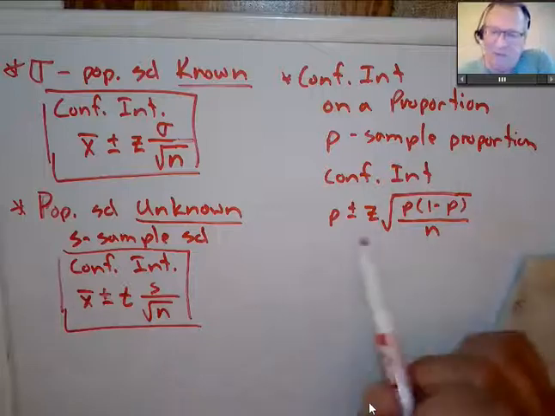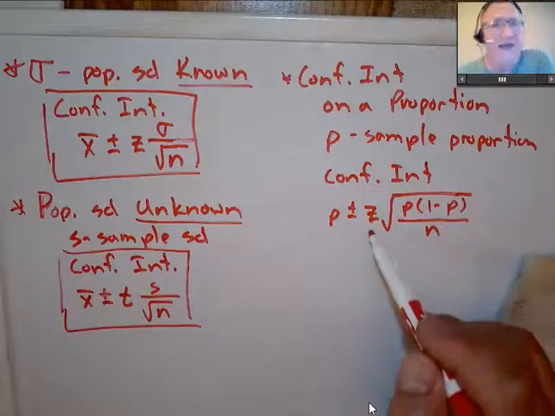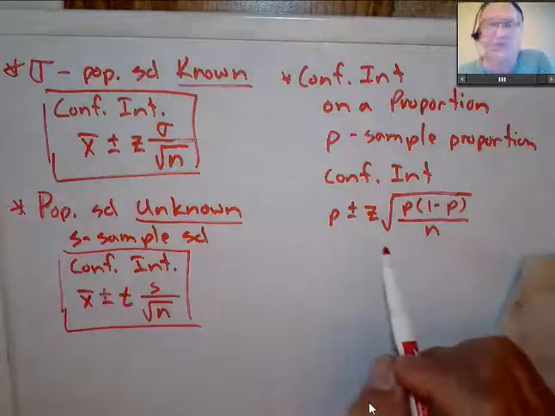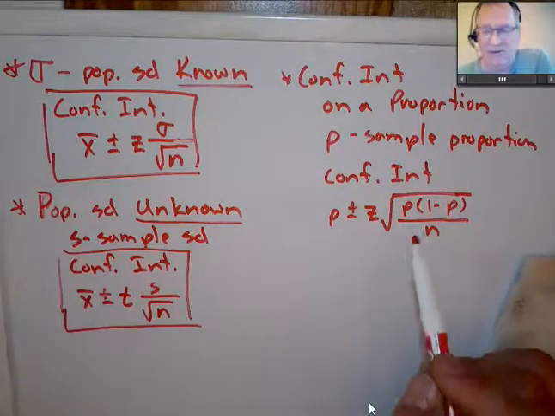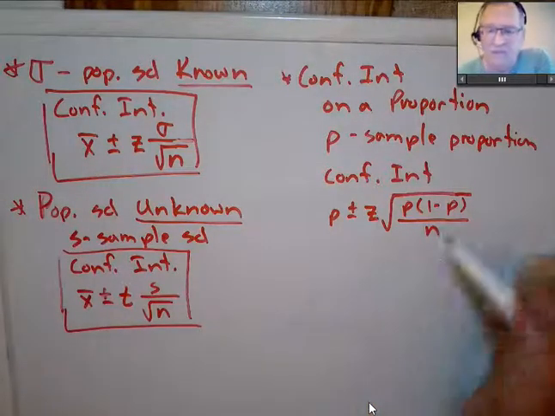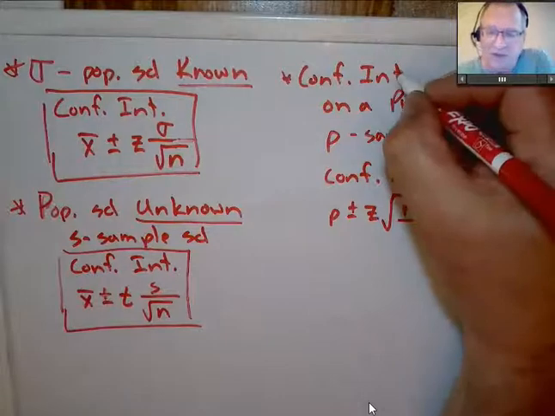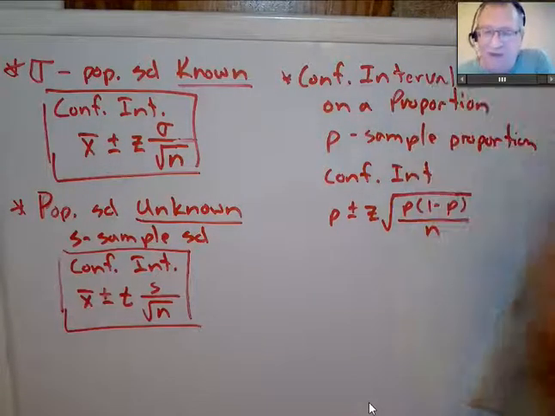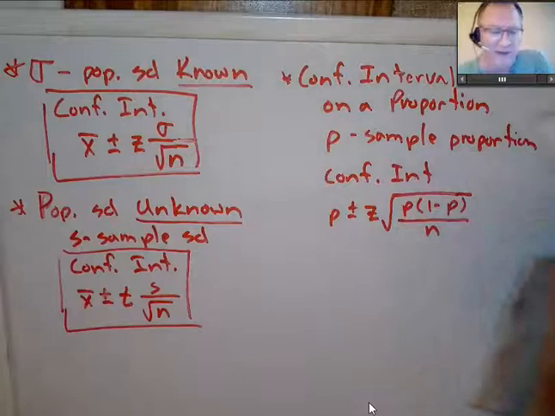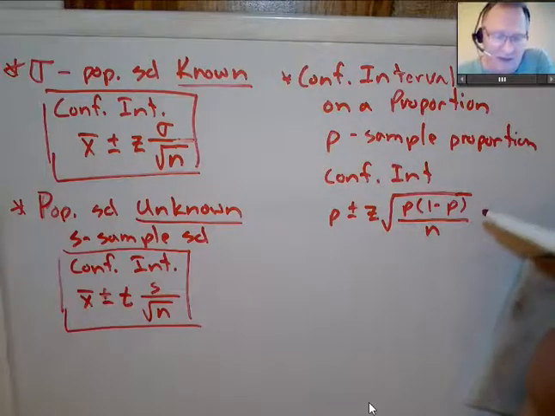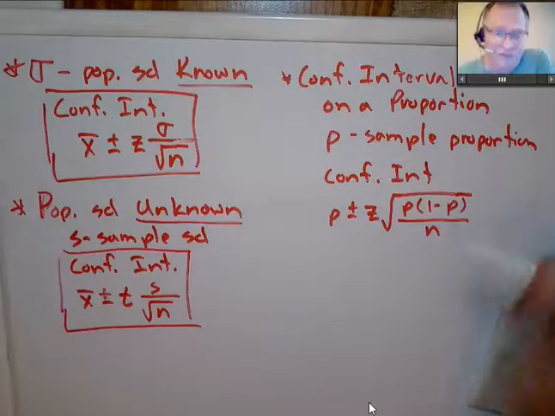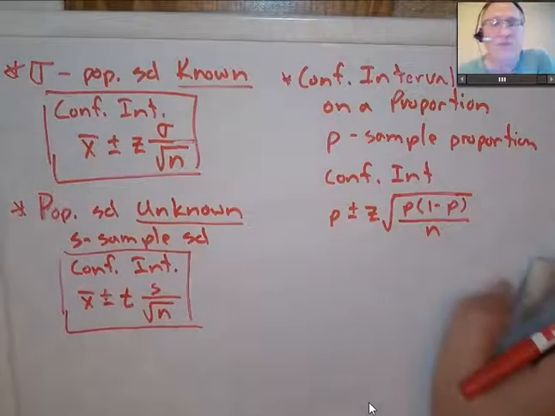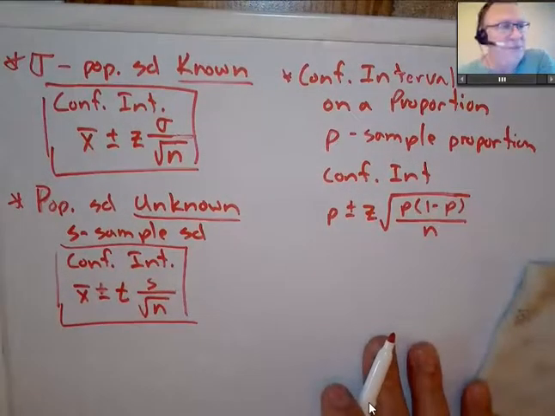Why then does our proportion go back to the z statistic, even though we're going to use this when we draw samples? Well, it's just because the statisticians can show that proportions are much more like a normal distribution than they are a t-distribution. The z statistic, which comes from the normal distribution, works much better.